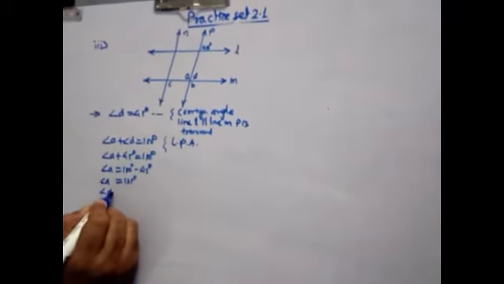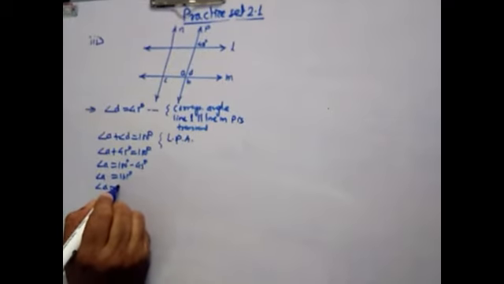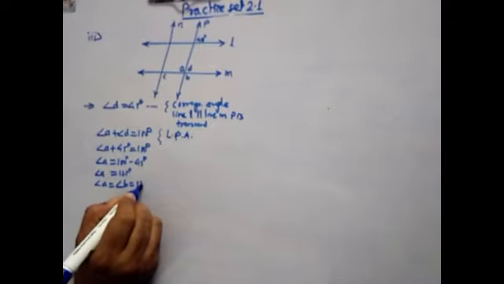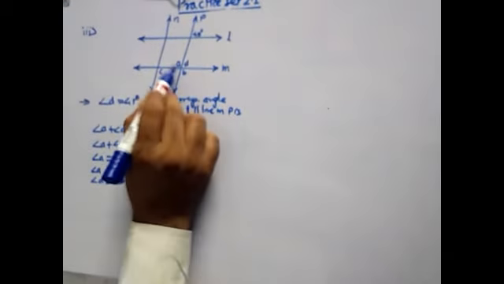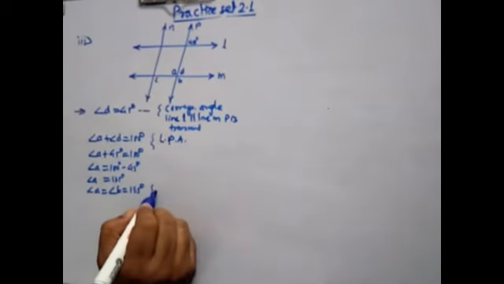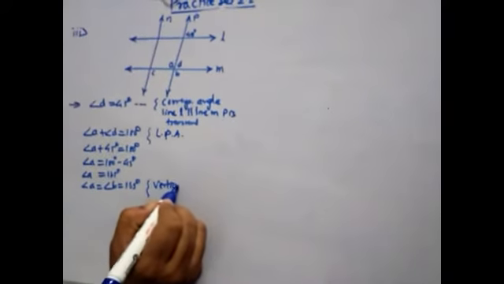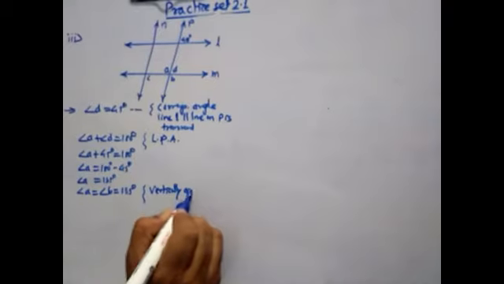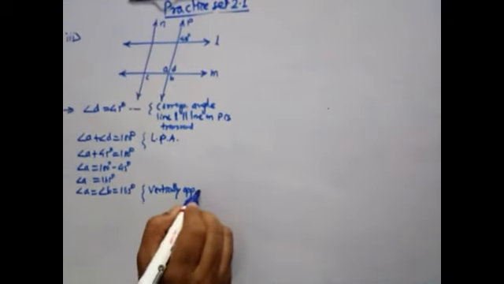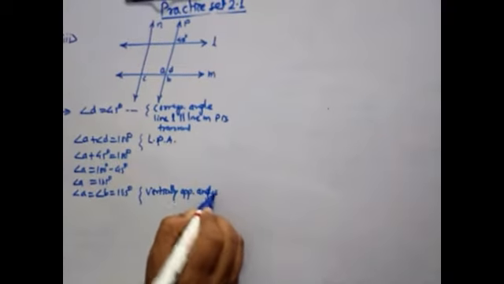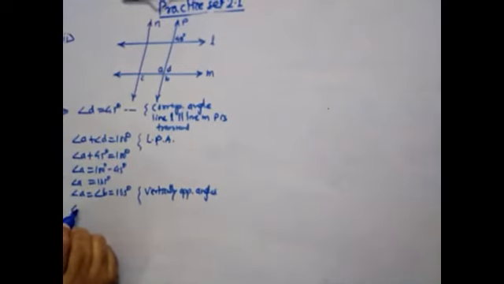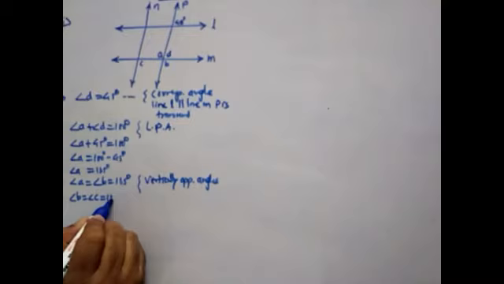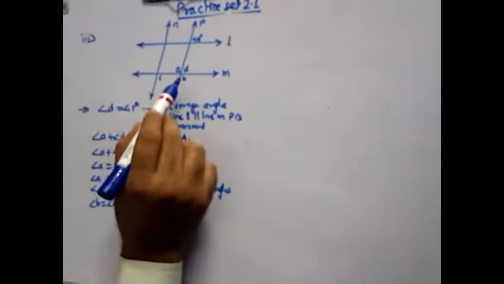So write down angle A is equal to angle B is equal to 135 degrees. A and B, see, these are two vertically opposite angles. So write down here: vertically opposite angle. And angle B is equal to angle C is equal to 135 degrees. See here, angle B and C are two corresponding angles.